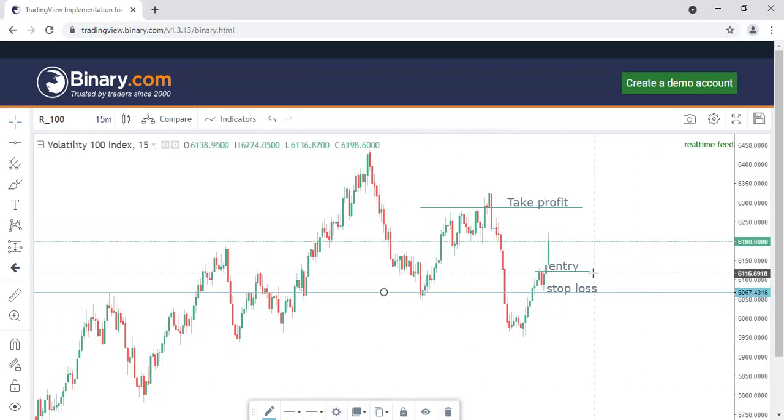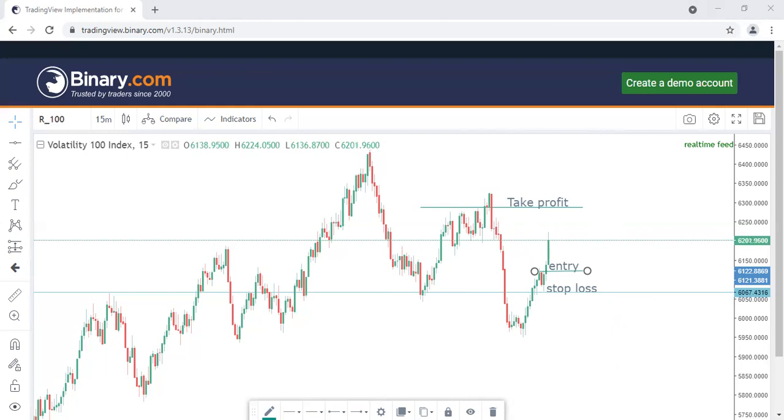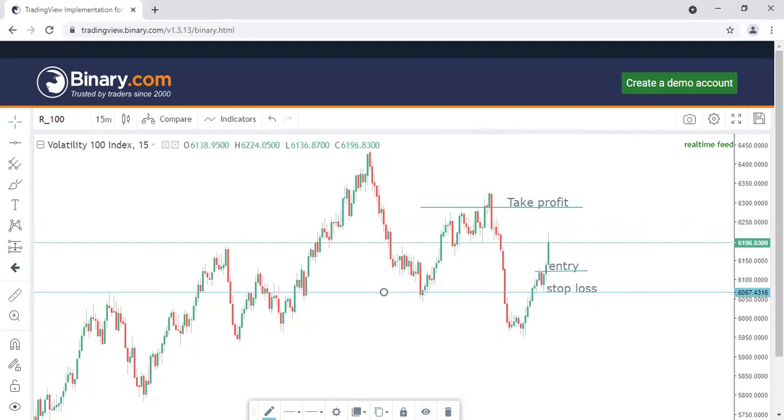So now we are going to subtract our stop loss from our entry. So we have 6121.3881 minus 6067.4316.